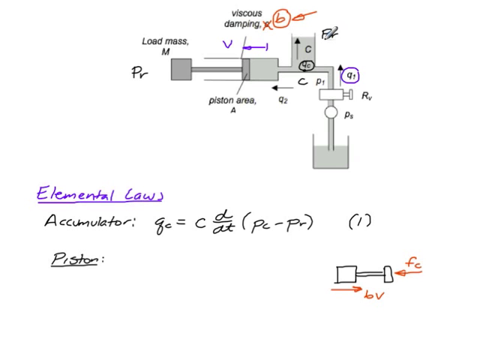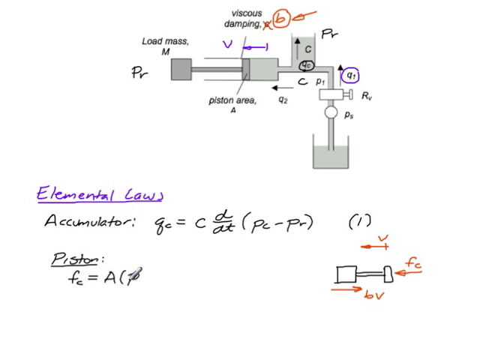So with that FBD, and again recalling that I'm defining V as being positive to the left, first I'll say that this force FC, which I drew over there on the right hand side, is the area of the piston A times the pressure differential.